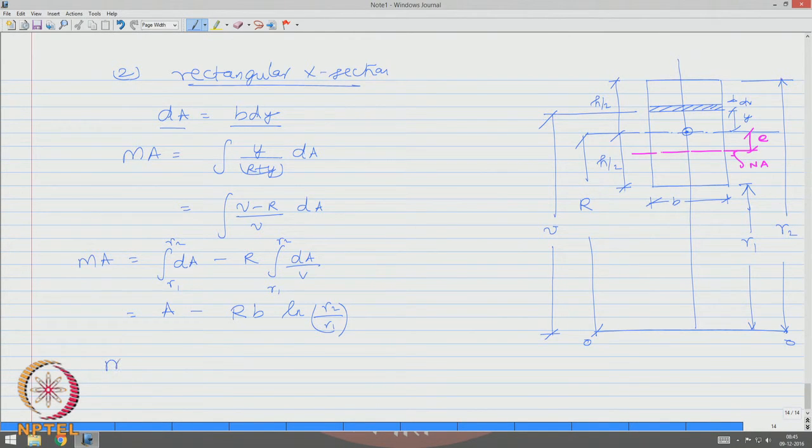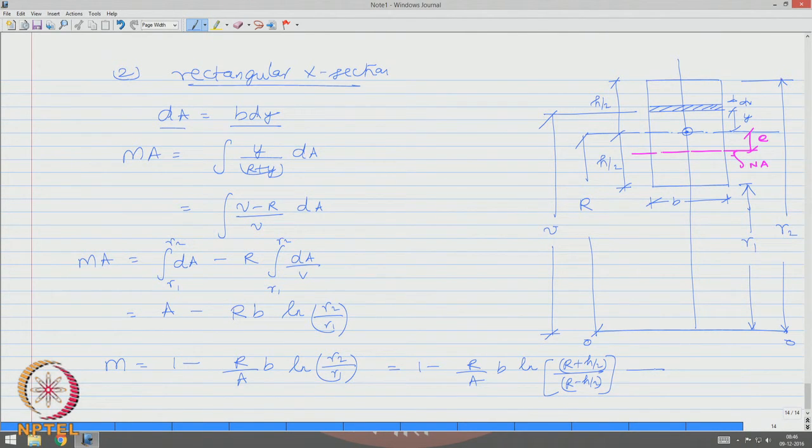Therefore, m is 1 minus r by A B natural logarithm of r2 by r1, which can also be expressed with r2 as r plus h by 2 and r1 as r minus h by 2.